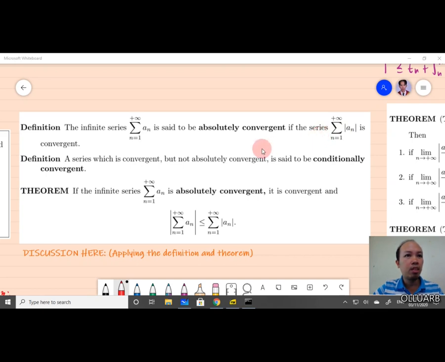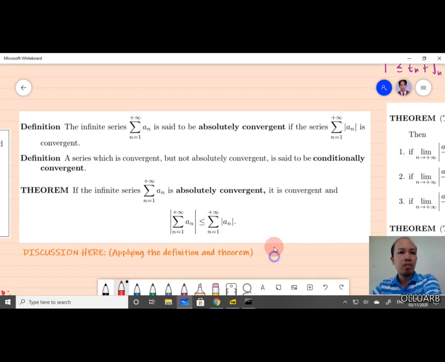If this series here is not convergent, but the original series is convergent, then the series is called conditionally convergent. Okay, so let's have an example to illustrate these two definitions.